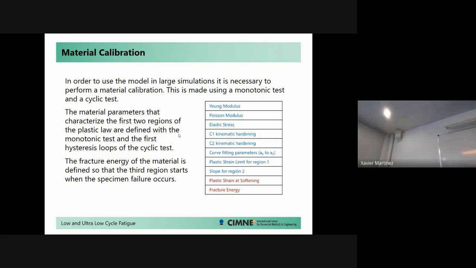And then you have in red the parameters required by the model in order to simulate this ultra-low cycle fatigue. And one of these parameters is this factor energy, or the plastic energy that can be dissipated by your material.